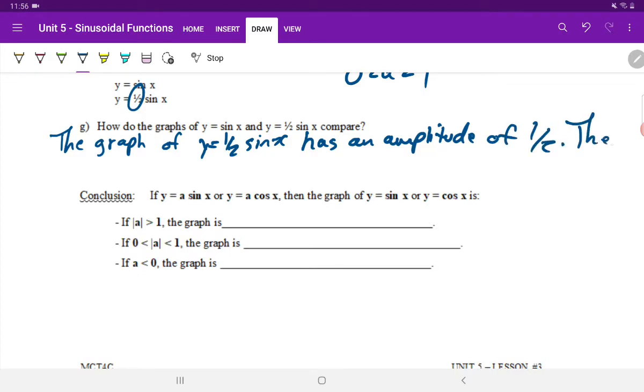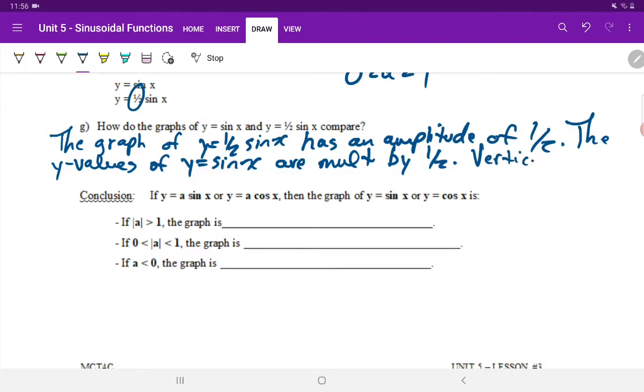The y values of y equals sine x are multiplied by 1/2. We also say that there is a vertical compression by a factor of 1/2.